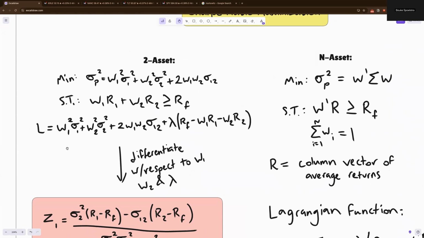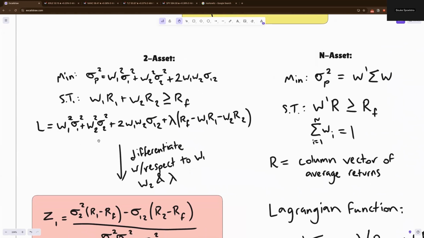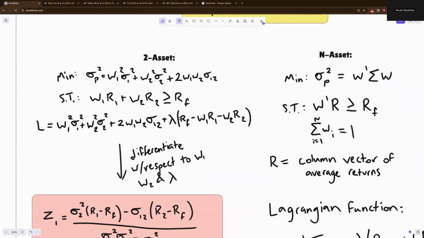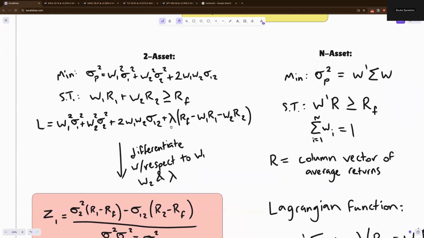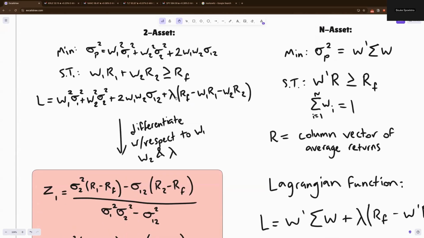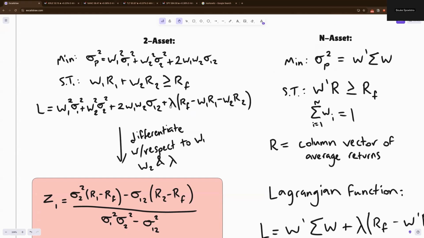So the Lagrangian function would equal the weight of the first asset squared. It's essentially just the variance formula plus the Lagrangian multiplier, and remember that this is different from the Sharpe ratio in this context, multiplied by the constraint function.